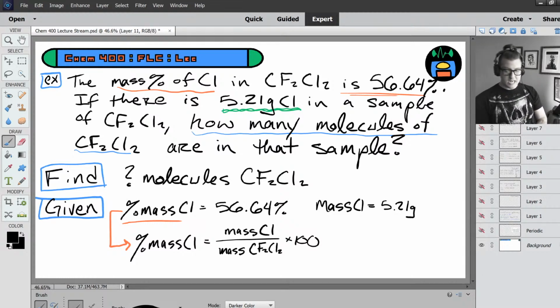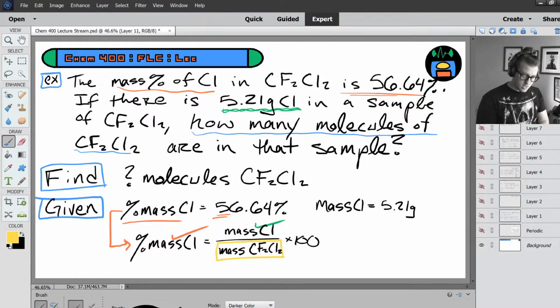Now, let's go back to our equation for mass percent and look at what we have. We know the percent mass of chlorine because we were given it right here. We also know the mass of chlorine. That means that this equation allows us to solve for the total mass of CF2Cl2. That's what this equation gives us.